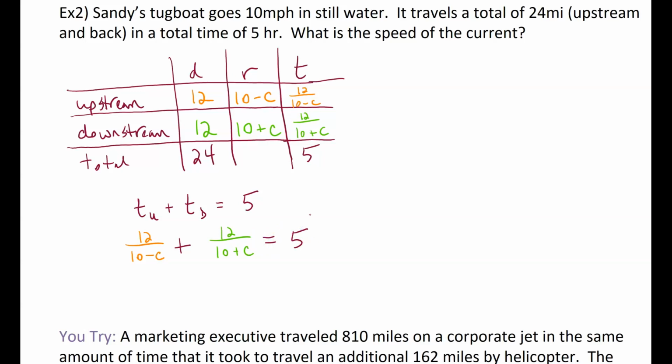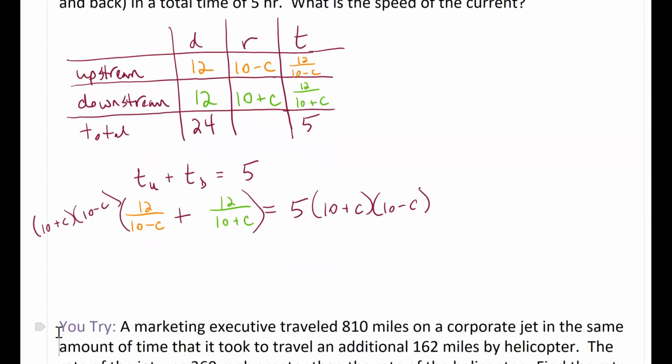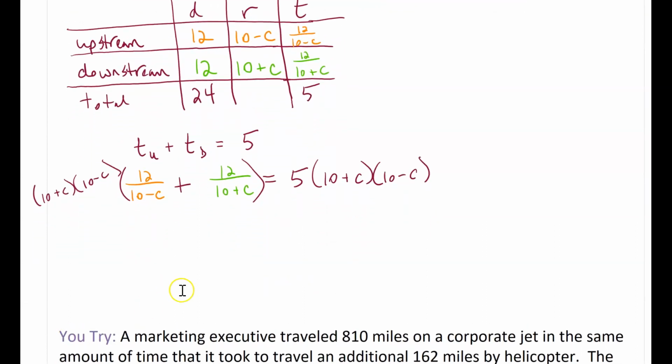All right, what do we need to do to solve? Common denominator, which is 10 plus C, 10 minus C, and if we multiply that to both sides, 10 plus C, 10 minus C, 10 plus C, 10 minus C. All right, so again, this is exactly like the equations we learned to solve last time.